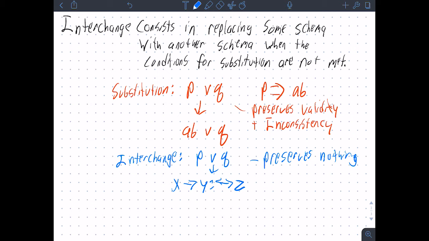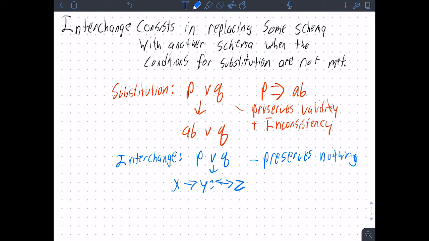The schema that we start with could be consistent. We use interchange and replace it or part of it with something else. We might get something that's valid. We might get something that's inconsistent. We might get another consistent schema, right? So it's impossible to say using interchange. It doesn't preserve anything. So if our starting schema is valid or inconsistent, we don't know what we're going to get if we use interchange to replace parts of it, right?